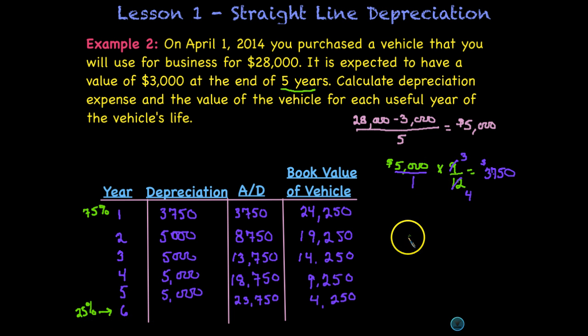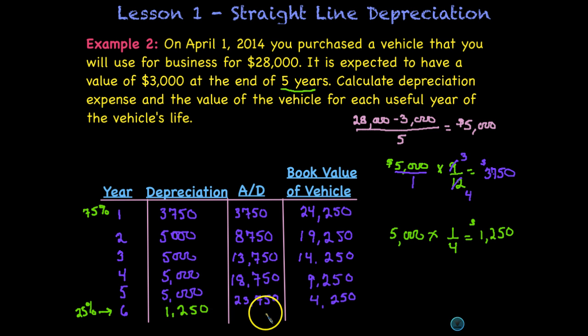One thing I can do is I can take 5,000 and multiply it by 1/4, or by 25%, and I should get 1,250. So my depreciation in my final year is only going to be 1,250.